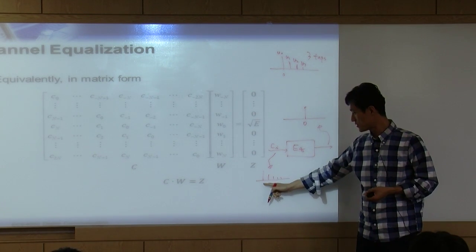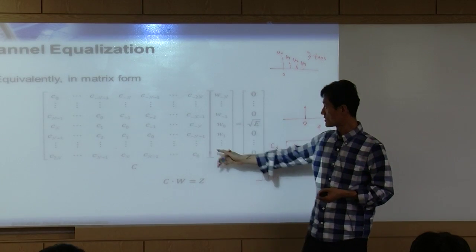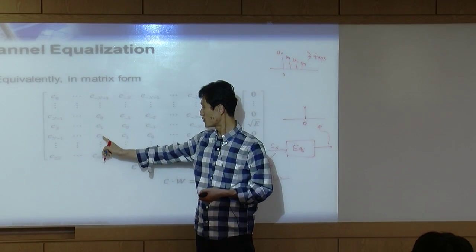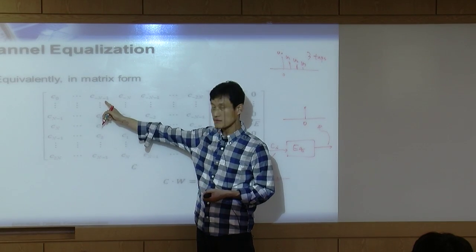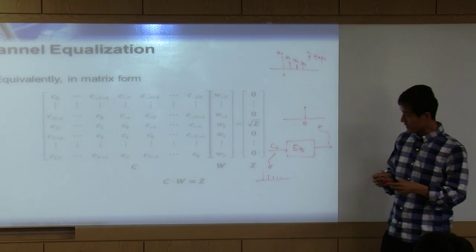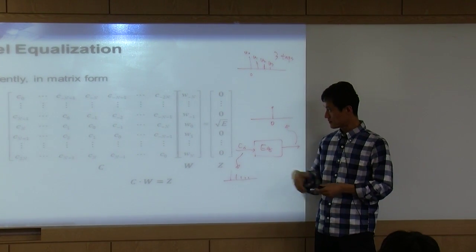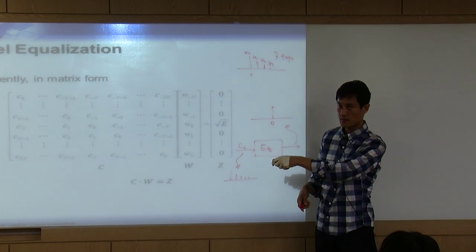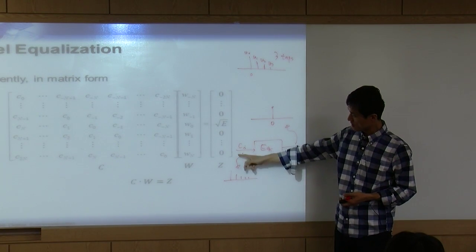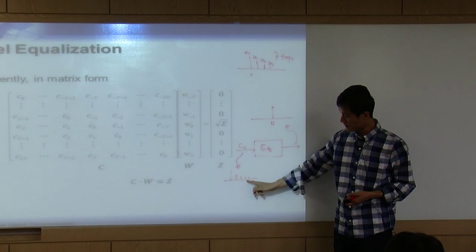We have C0, C1, C2, C3, something like this, right? We have C0, C1, C2, C3, C minus 1, C minus 2. We have all of these values, right? So those are our input. Some of them may be 0. Okay? So if this is our input, we have so much interference, right?